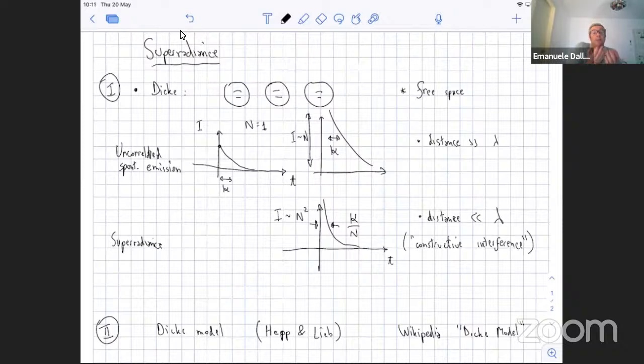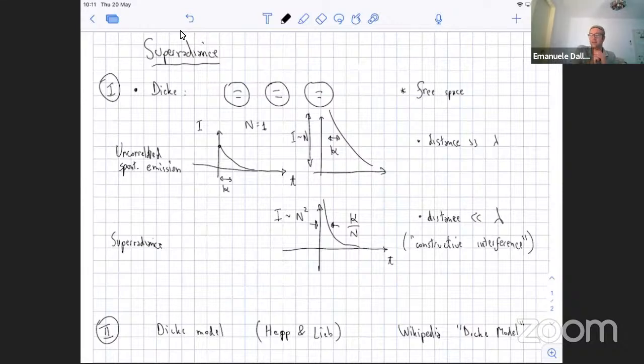Exactly. Because the question is, do they feel the same field? This is really the question. You need them to couple to the same electric field at the same place. Right. Okay. So the addition of the phase is essentially one. Okay, I understand. Yeah.